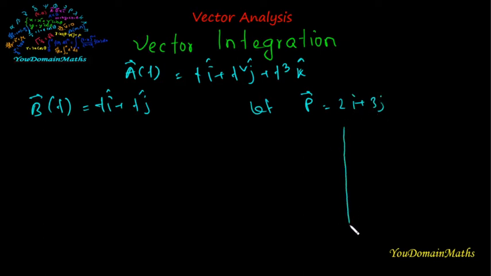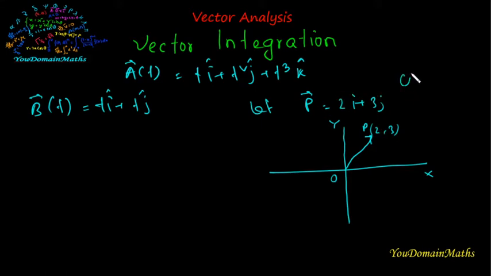If we put this vector on the x-axis, origin and y-axis, then (2, 3) is the point P, and OP is denoted by the vector. This is the OP vector, so p vector equals 2i plus 3j.